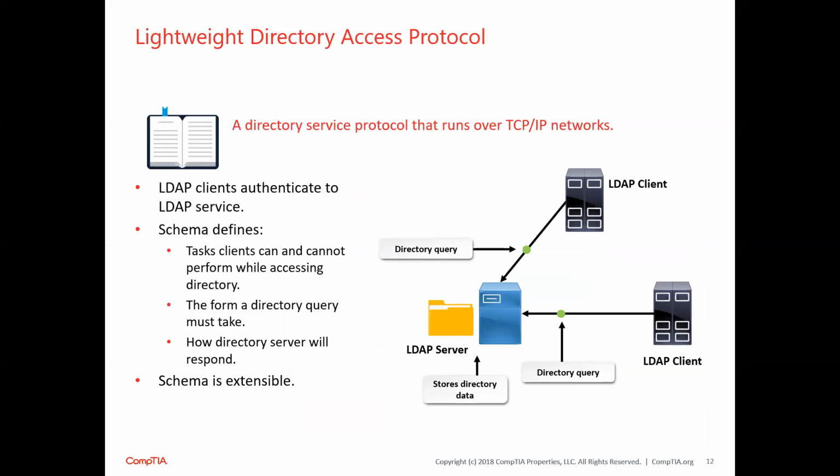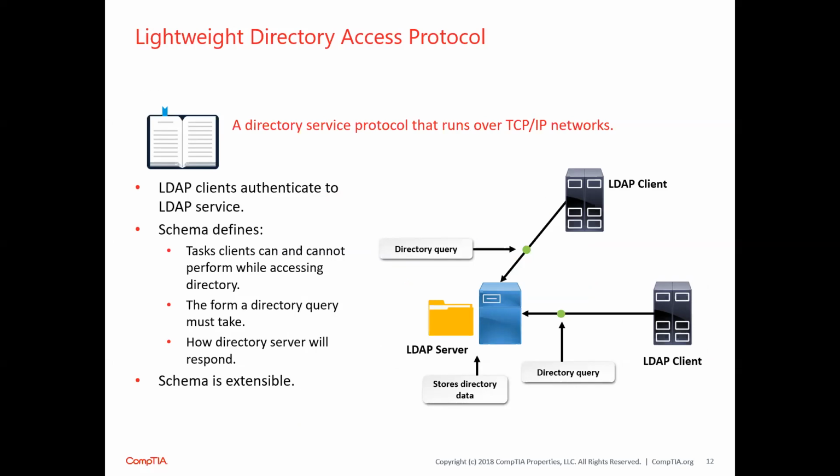Then you can use LDAP, the Lightweight Directory Access Protocol, to run over a TCP network. That will allow you to manage your directory services by using LDAP clients, and also to authenticate to the LDAP service.